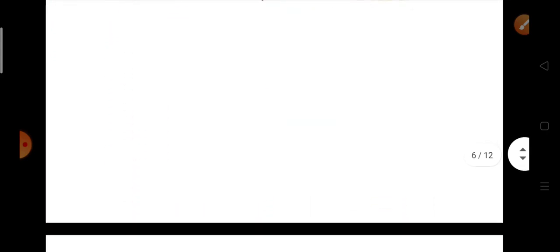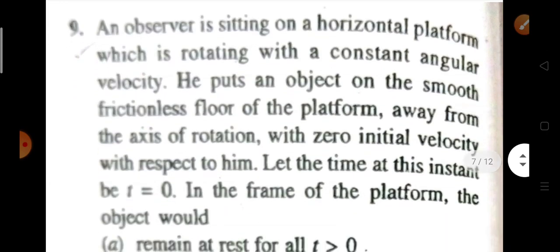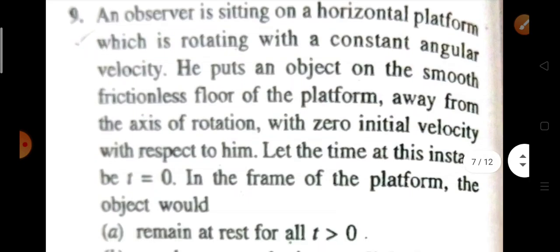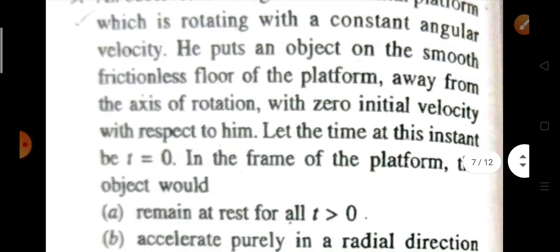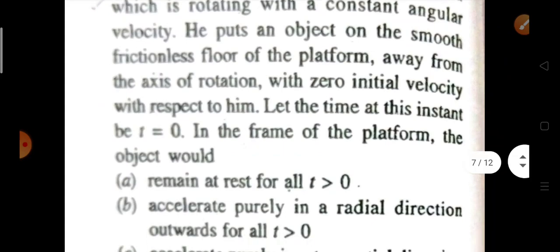Now come to the next question. An observer is sitting on a horizontal platform which is rotating with a constant angular velocity. He puts an object on the smooth frictionless floor of the platform away from the axis of rotation with zero initial velocity with respect to them. Let the time at this instant be t equals 0.